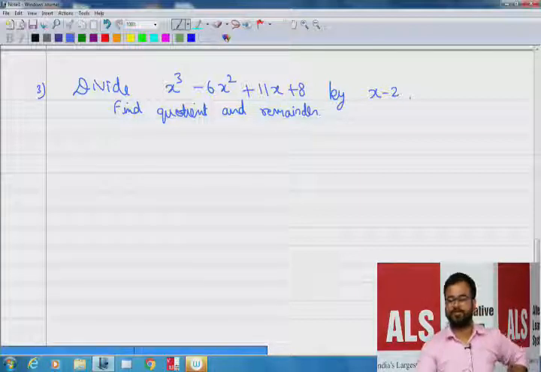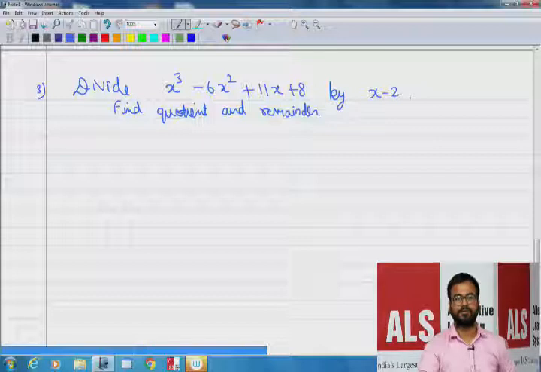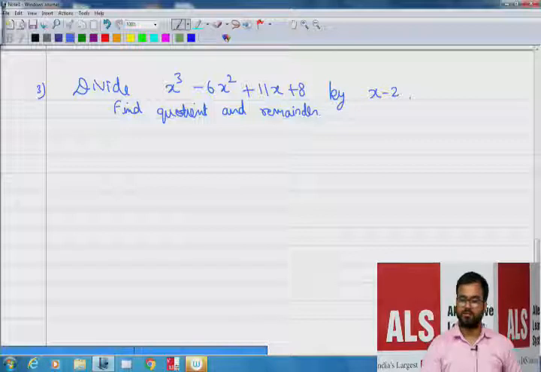Correct, Shillong? Right, I got it. So we just have to do the long division over here, see.